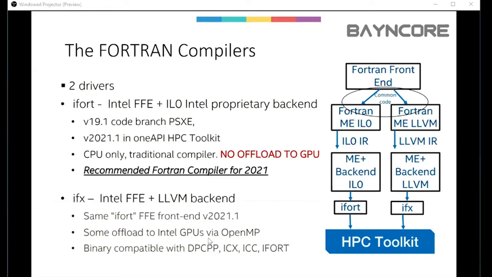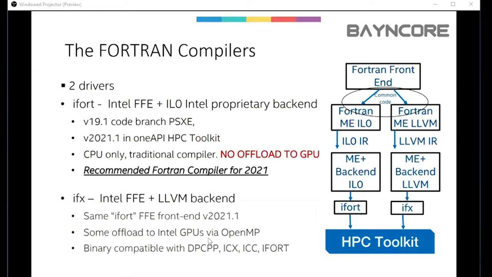What this means is that taking your Fortran code that you've written in Parallel Studio and building it with the new LLVM compiler, the front end will recognize all your code without any problems. There are no differences in implementation of the language parsing at the front end.